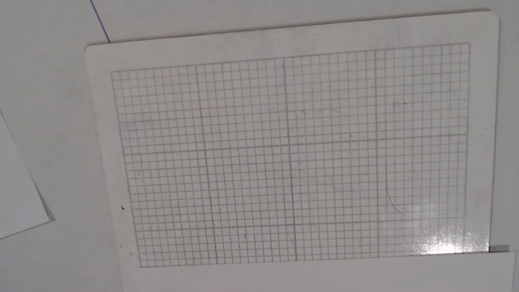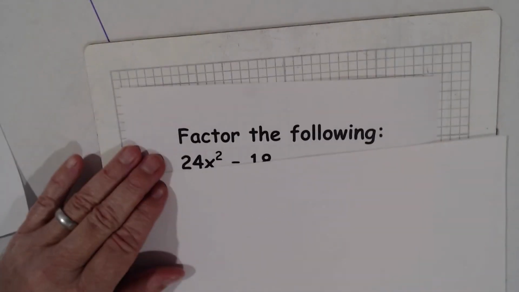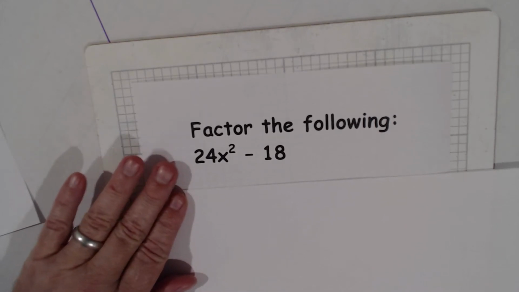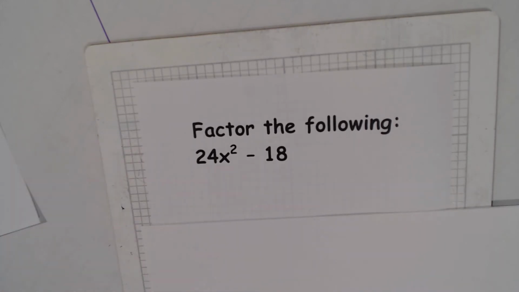So let's look at another example like this one right here. I've got 24x squared minus 18. So remembering my rules, the very first thing I need to do is find the biggest number that will go into 24 and 18. Well, 2 will go into both of them.